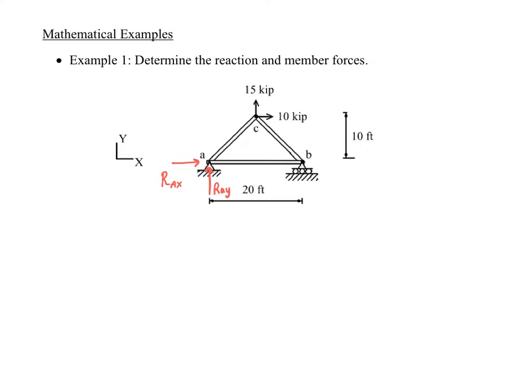And then when there's not a pin, but simply a roller on the other side, it means that it's able to move left to right. That's why they're showing like wheels. But there is no way it can move up and down because there's a reaction there preventing motion up and down. So we've got 3 reactions for this member, or this bridge, just like all of our simply supported bridges.